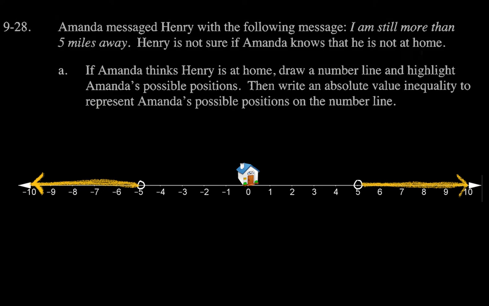So the inequality I might write would be this: the difference between Amanda and Henry, who is at home. So I'm going to show it like that. I put -0, right? So obviously this is not needed, but the difference between Amanda and Henry's at his house, the difference between Amanda and Henry is greater than 5.